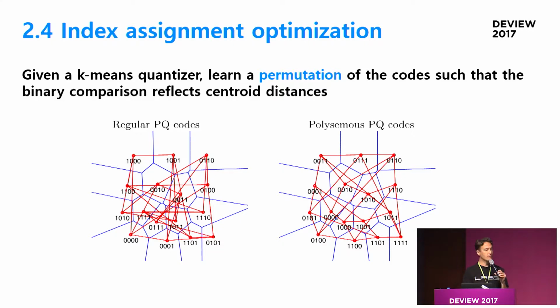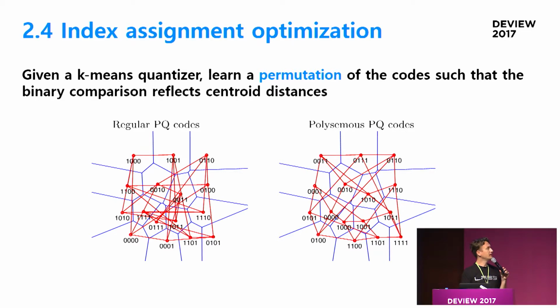Here what we did was to assign each centroid an index randomly, and I show in binary format the value of this index. What we show in red are the links between two centroids which are at a Hamming distance of 1, so the closest centroids.